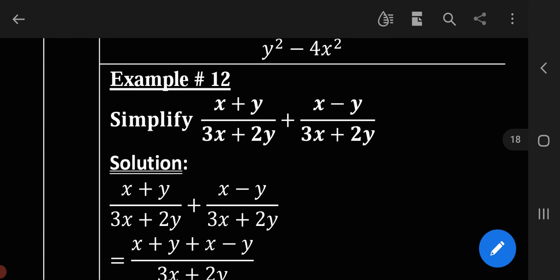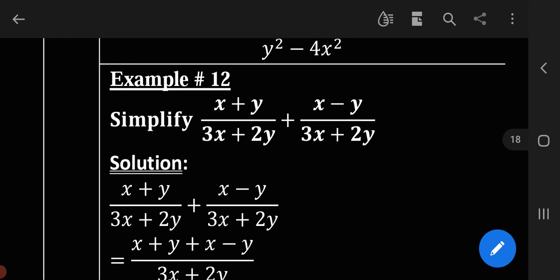Again I am repeating that in between two algebraic fractions, if there is a sign of division, then the method you will have to adopt is to write the left side algebraic fraction as it is, convert the division operation into multiplication, and write the right side algebraic fraction in reciprocal form.